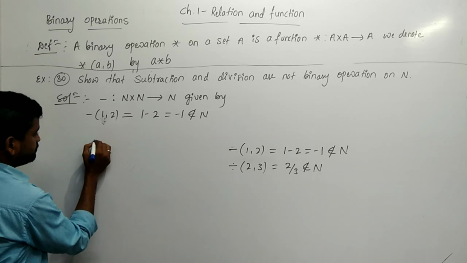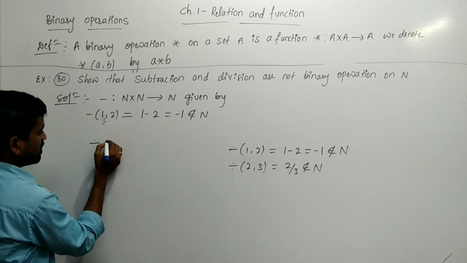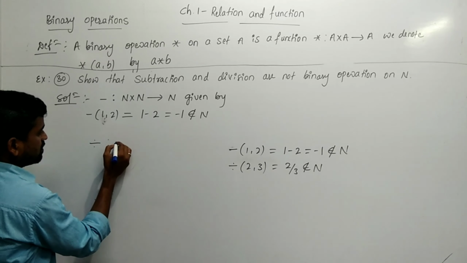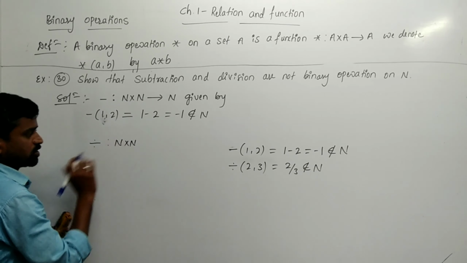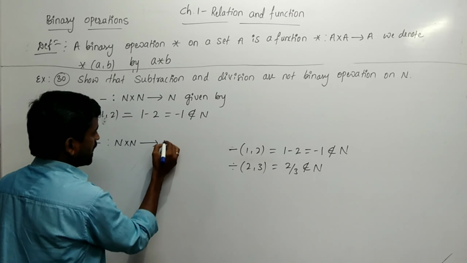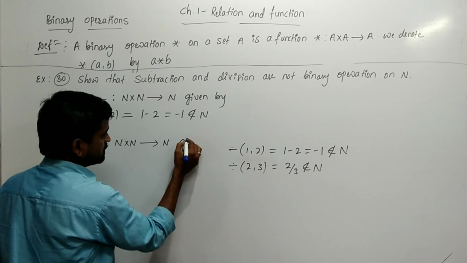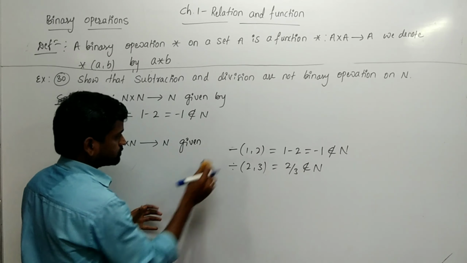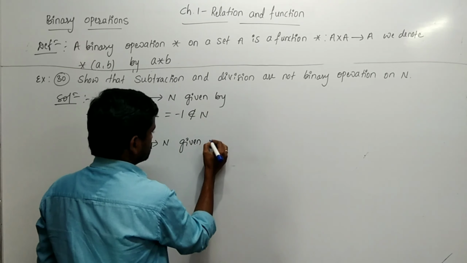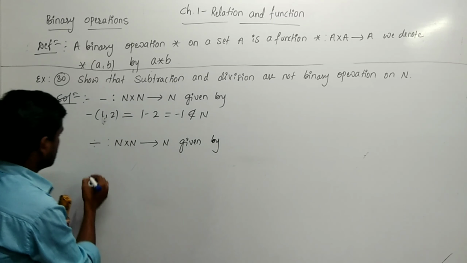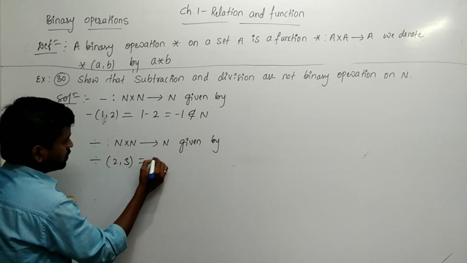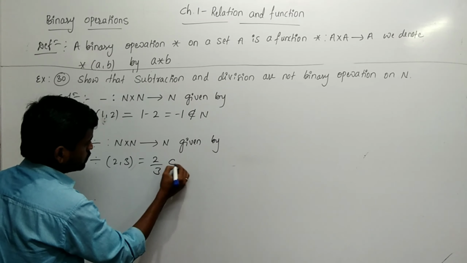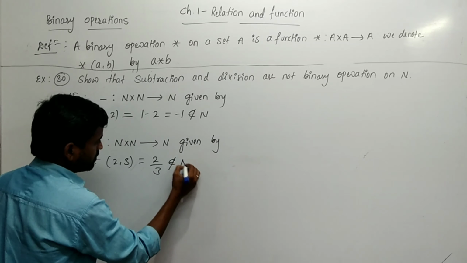Then division, from the Cartesian product of natural numbers to natural numbers, given by division of (2, 3) equals 2 by 3. This 2 by 3 is not a natural number.